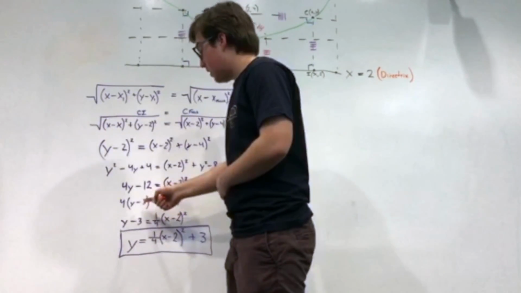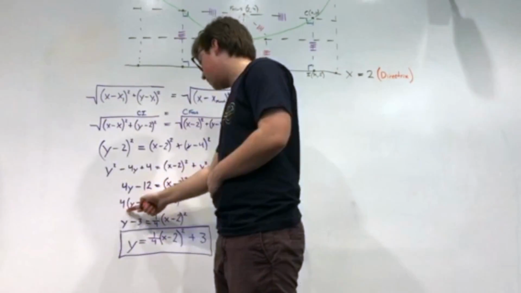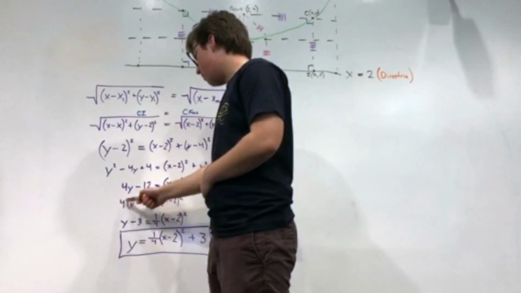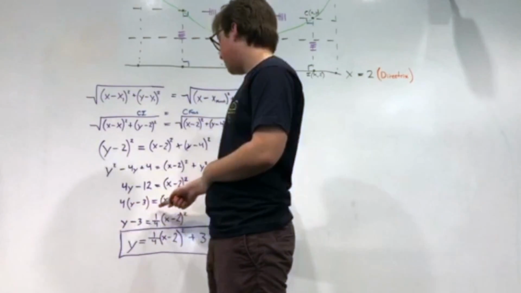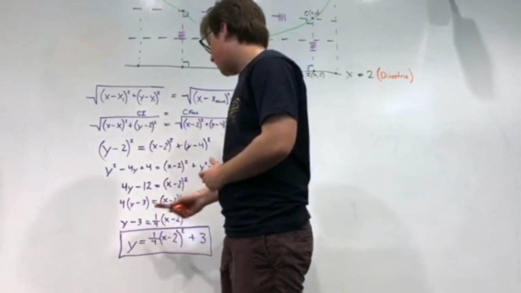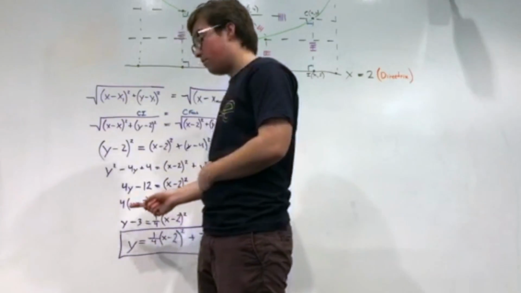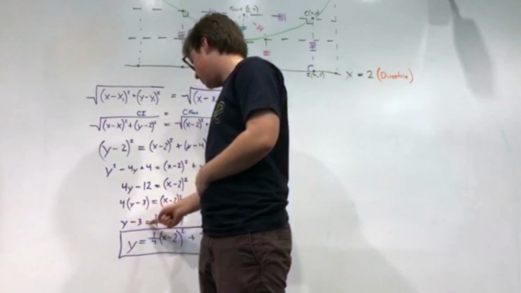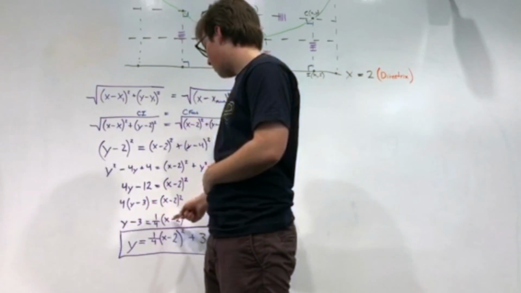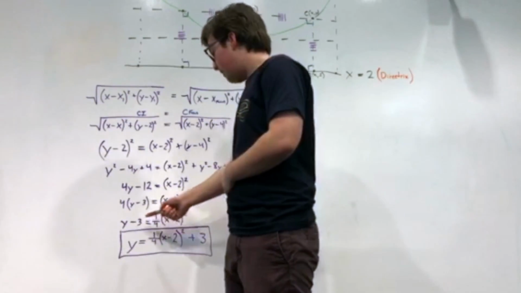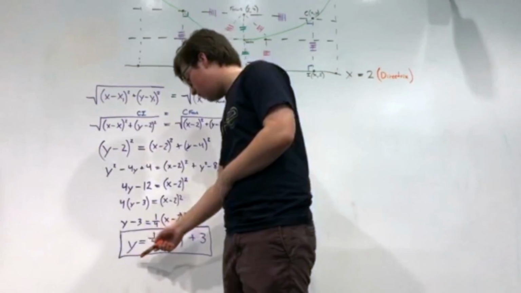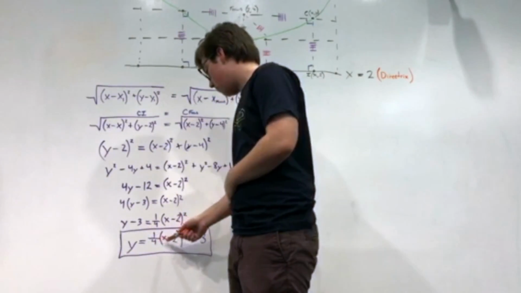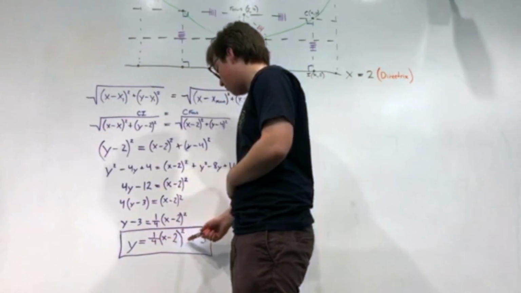If you take out a 4, you get 4 times y minus 3 equals x minus 2 squared. You then divide by 4 on both sides to get y minus 3 equals 1/4 times x minus 2 squared. For the final step, you add 3 to the other side, and you're left with y equals 1/4 times x minus 2 squared plus 3.